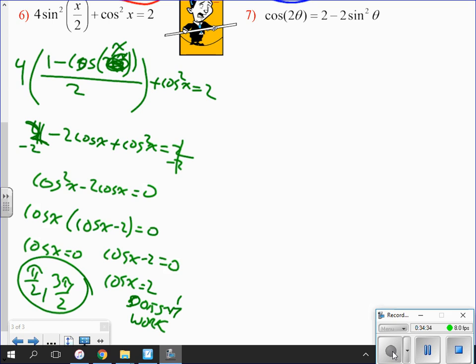The one I have in my notes is the first substitution. Cosine of 2 theta is cosine squared theta minus sine squared theta equals 2 minus 2 sine squared theta.